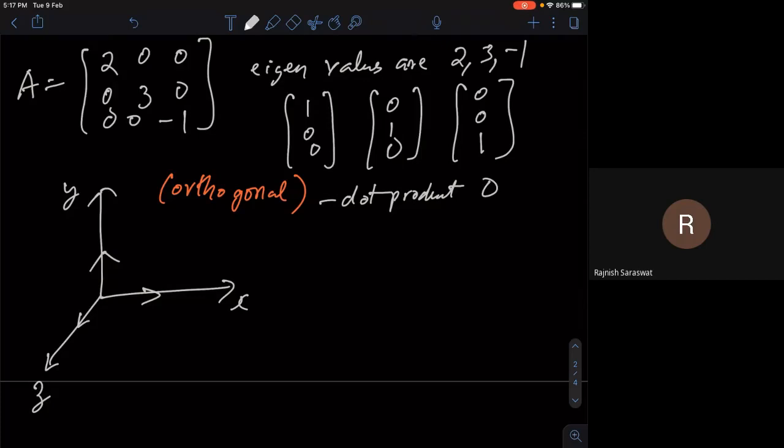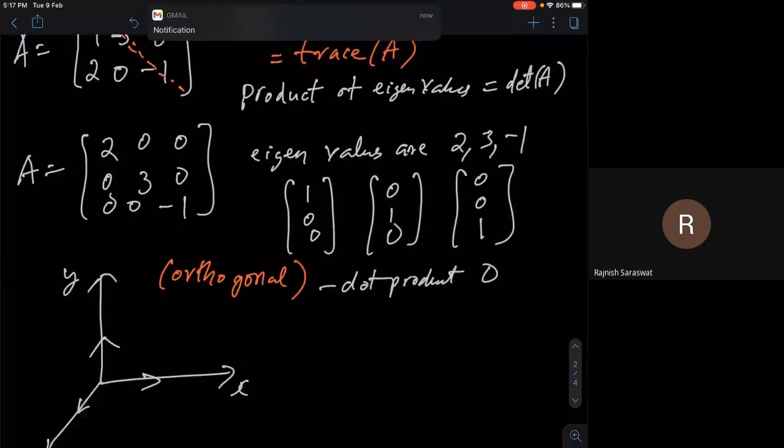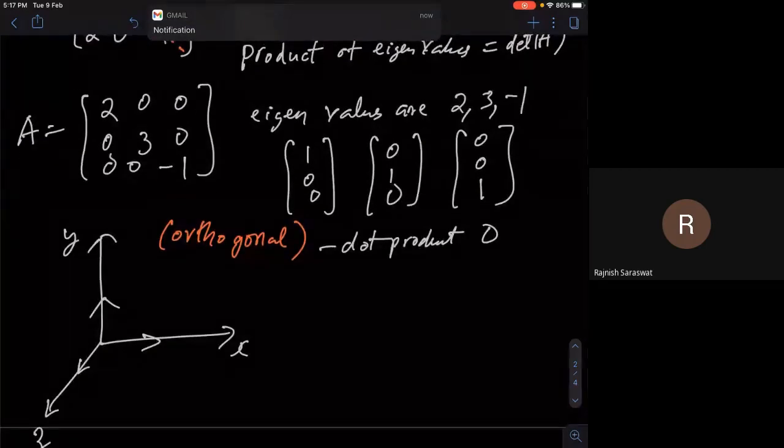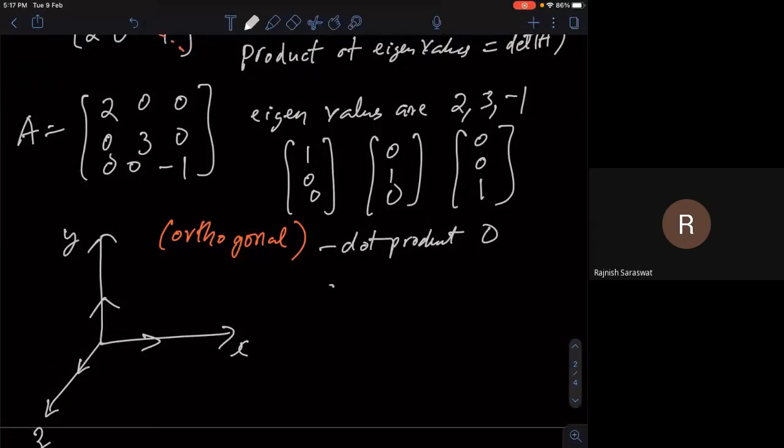I won't prove this fact, but it is good to observe that for all symmetric matrices, we can find orthogonal eigenvectors.